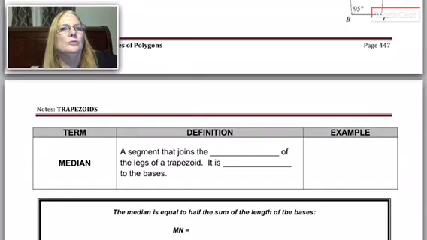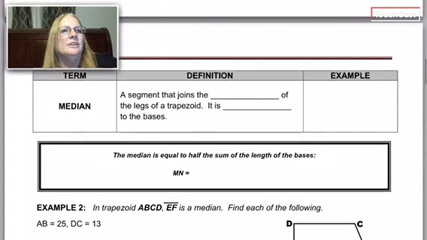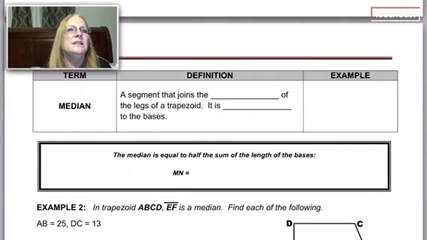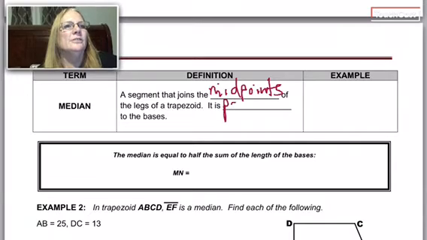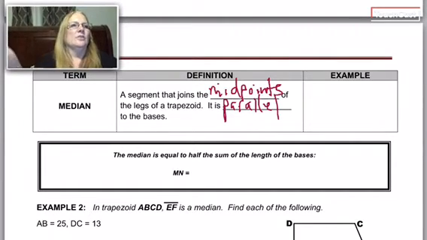Now we have another term, and that term is a median. A median is a segment that joins the midpoints of the legs of a trapezoid, and it is parallel to the bases. So let me see if I can draw that.